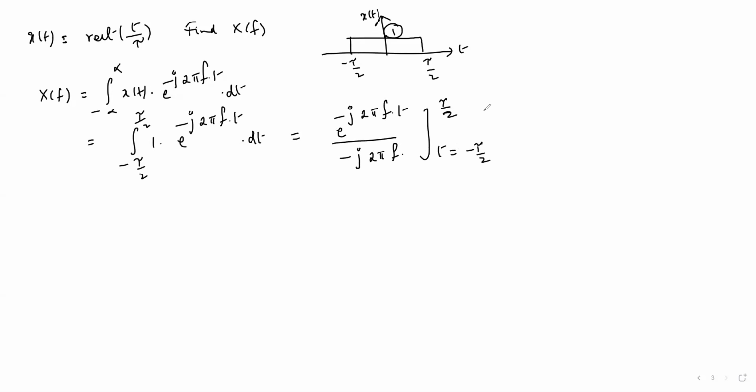Next, minus 1 divided by j 2 pi f multiplied by, substitute the limits: e to the power of minus j 2 pi f, in t place we have to substitute tau by 2, minus lower limit e to the power of minus j 2 pi f times minus tau by 2.